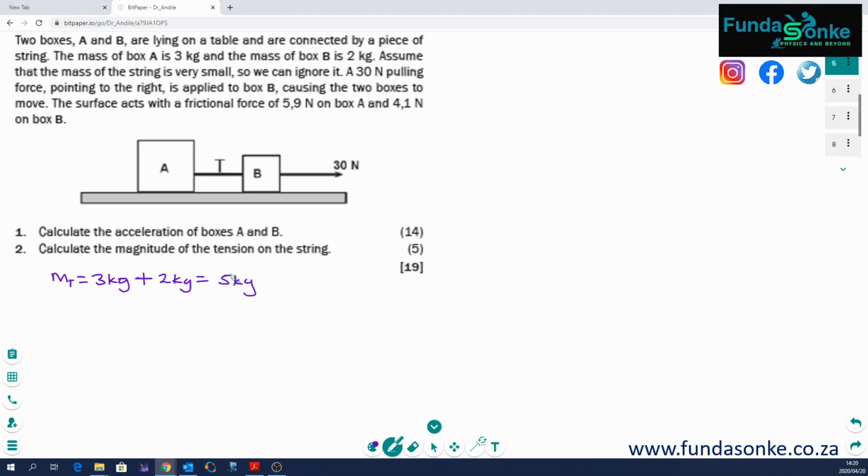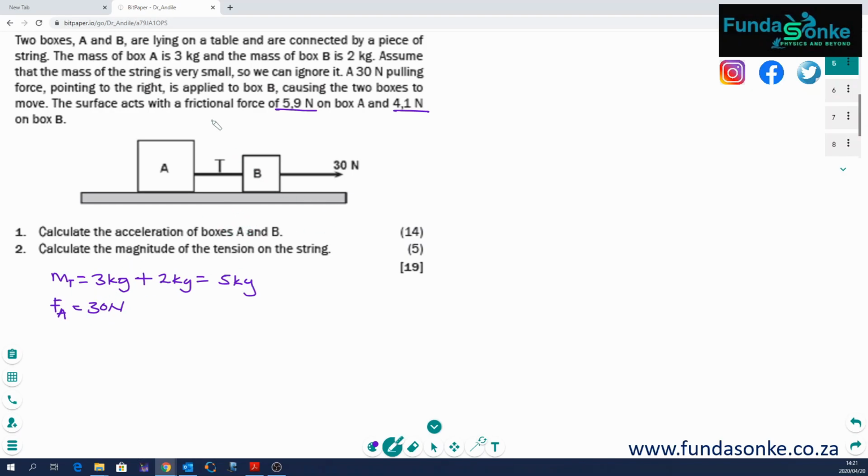Then we are told that since this is a complete unit, we are going to have a total force pulling towards the right equal to 30 newtons. In this case, we're going to call this the force applied. So our force applied will be equal to 30 newtons. However, we also know that there is a frictional force acting on the individual boxes.